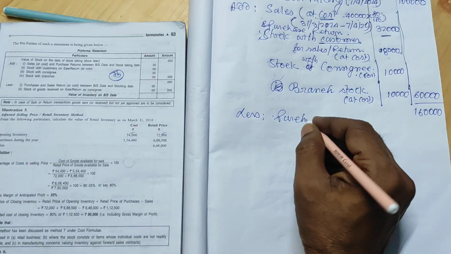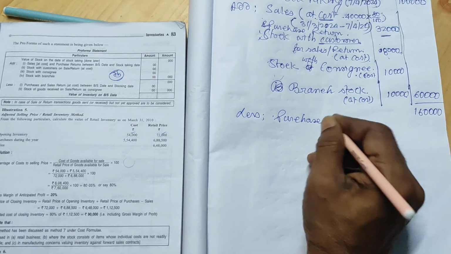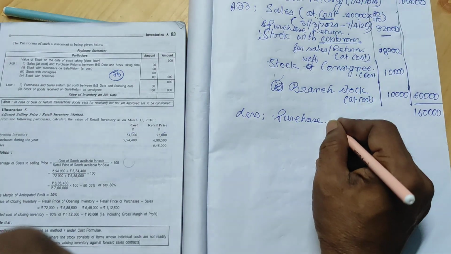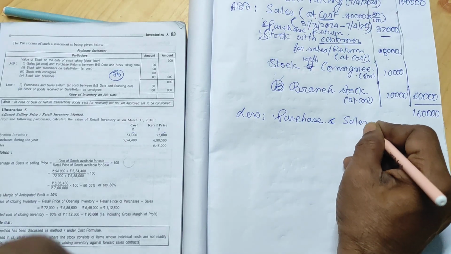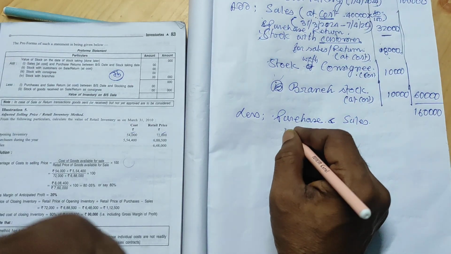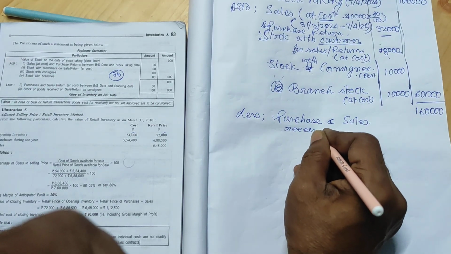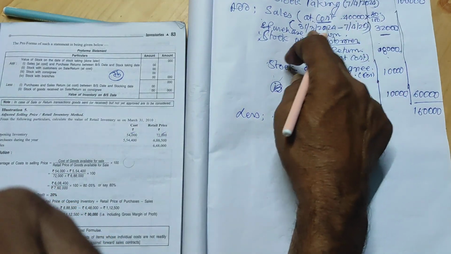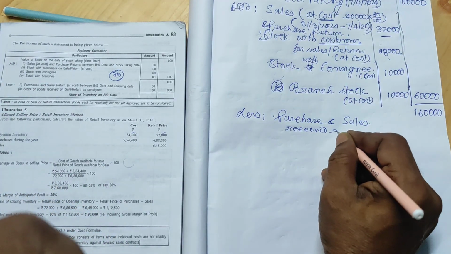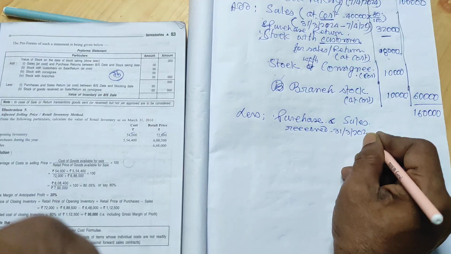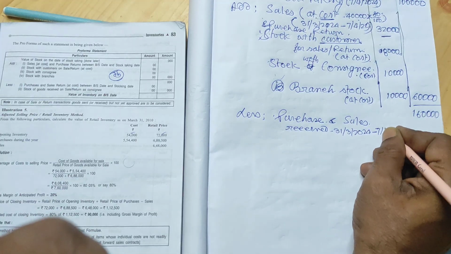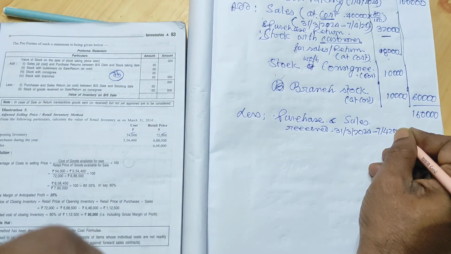Either purchase and sales return, purchase and sales return between the balance sheet date. So purchase received between 31/3/2024 to 7/4/2024.